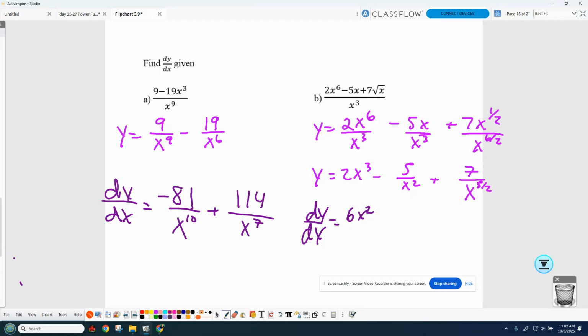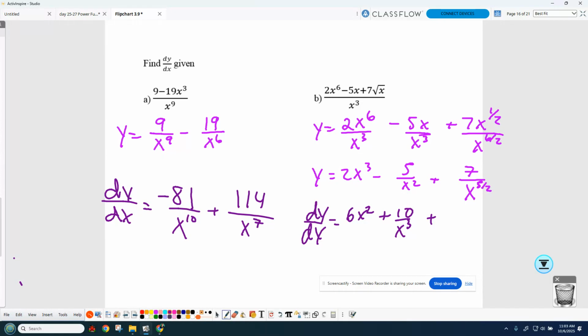How do I do the second one? What's the second one, Gumby? 15 over x. Multiply by the power first and then lower. So the current power, 10. Multiply first, then lower, yeah.